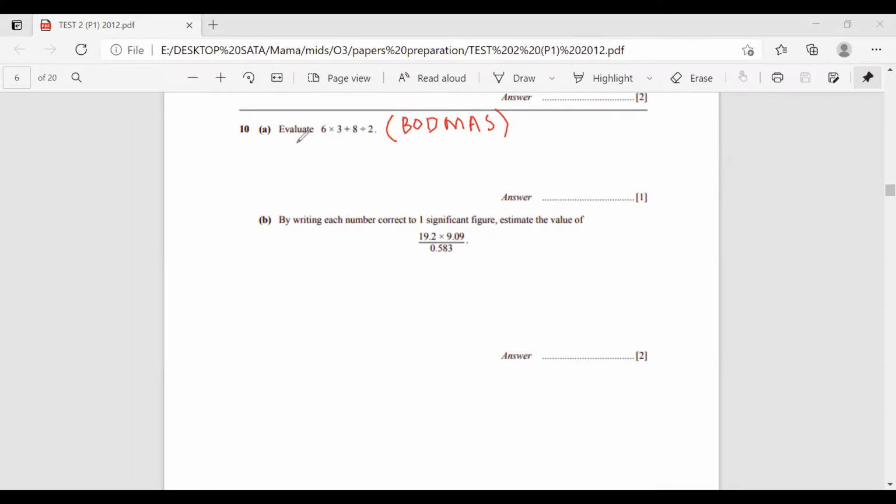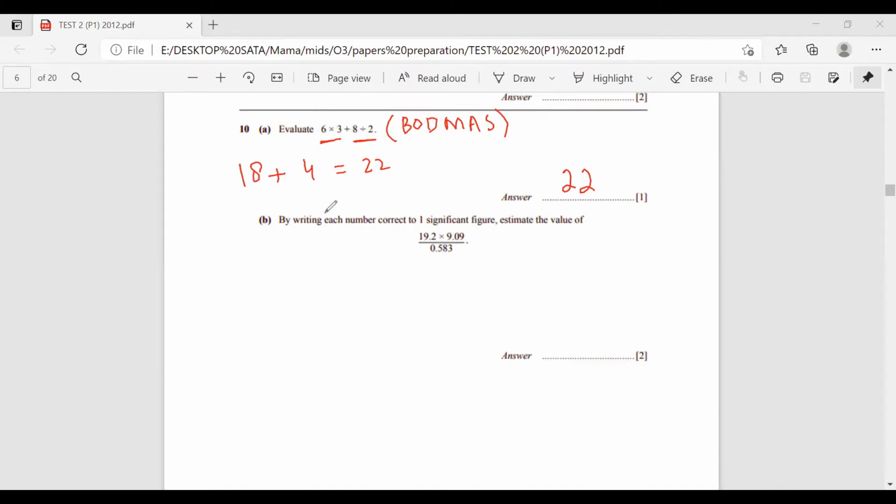First of all, multiply these two terms, 6 times 3 gives 18, addition sign, and 8 divided by 2 gives 4. After addition, 18 plus 4, I'll get the answer 22. So my final answer is 22. This question cannot be solved without BODMAS. You have to apply BODMAS to get your exact answer.